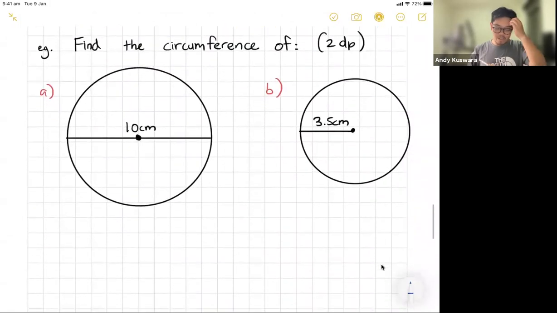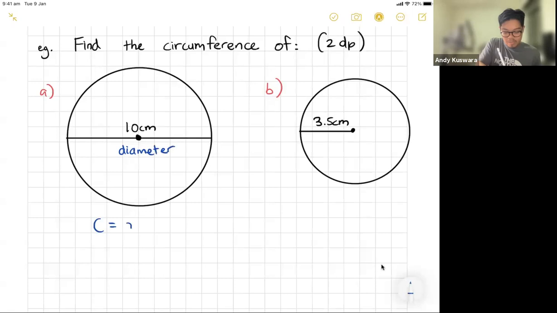Okay, so you're going to have questions like this where they ask you to find the circumference of these two circles. Now here, the first one, part A, we've got a diameter. This is clearly a diameter because it goes from one side all the way to the other. So that means the formula is circumference equals pi times diameter. Because they're right next to each other, we assume it's multiply. So for here, we're going to answer it to 2 decimal places. Just going to go pi, which is shift on your calculator.